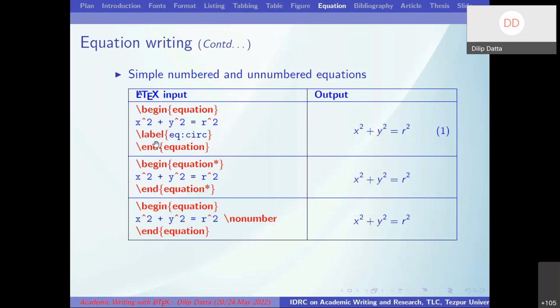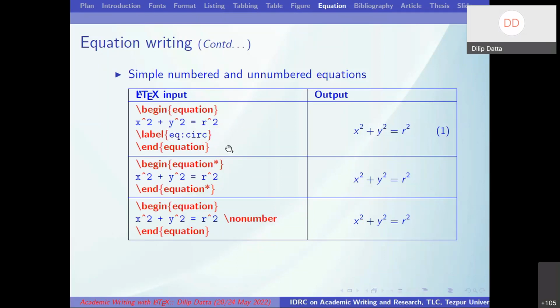So for referring purposes, this can be numbered or labeled. Say it is labeled with eq:circ. There is no specific format. One can do as one can recognize. Say here I have used label EQ to indicate that it is the label of an equation, and what type of equation it is, of a circle.